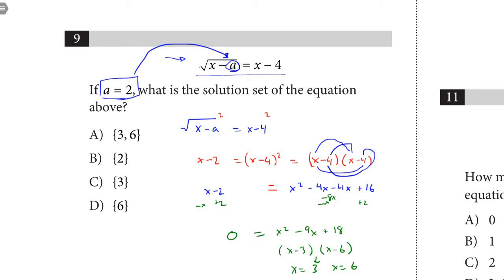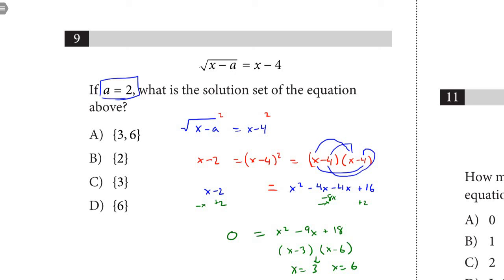But in order to make sure that's true, we want to plug in both 3 and 6 for the x's in the equation above to make sure that both sides of the equation make sense. Because sometimes things can get messed up when we are multiplying, or when we are taking the square root of something, or taking something to the second power. So let's try that.